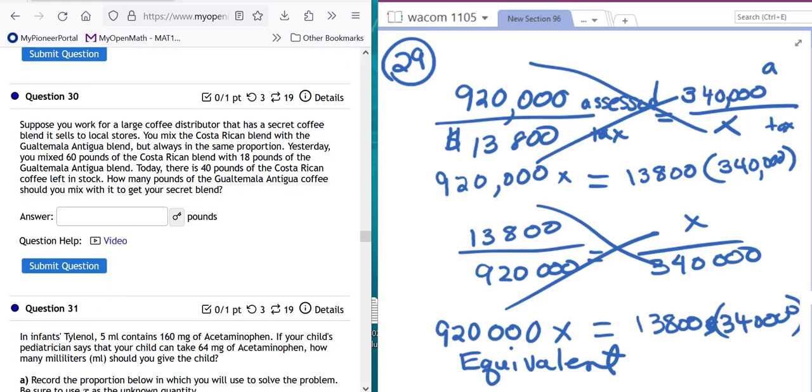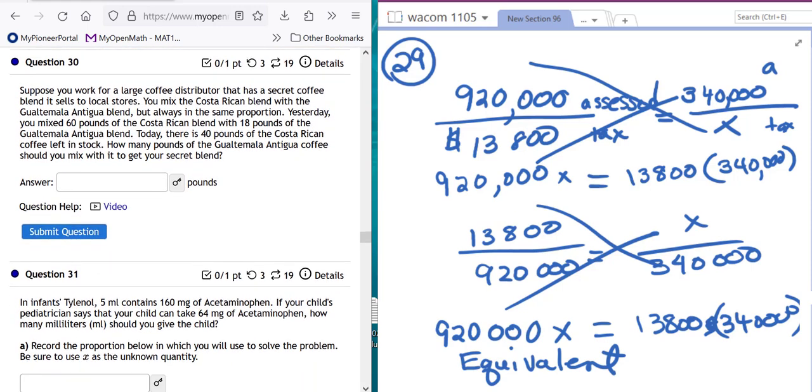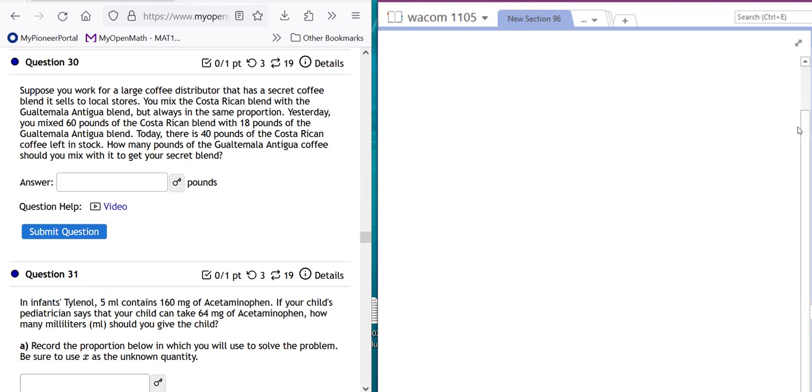If it gives the same equation, it should work. All right. We'll try to get a problem here that works. Okay. All right. We'll try 30.